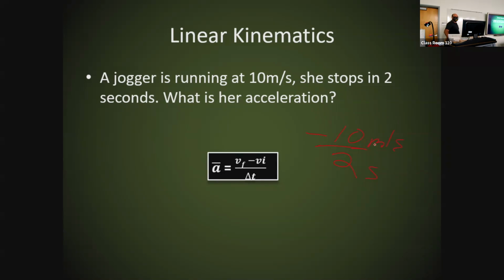So she stopped within 2 seconds because the final velocity was 0, and then minus the 10 meters per second for the initial. So 0 minus 10 gives us negative 10. And over those 2 seconds, the acceleration was negative 5 meters per second squared.